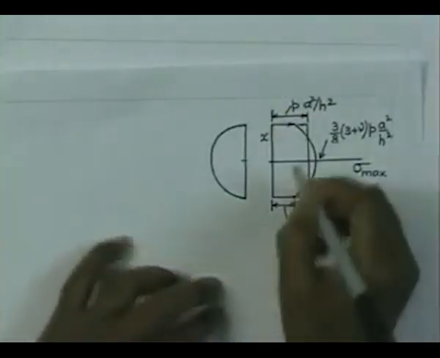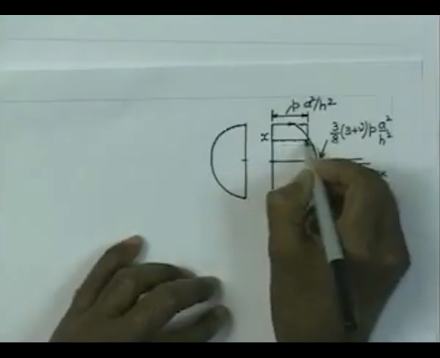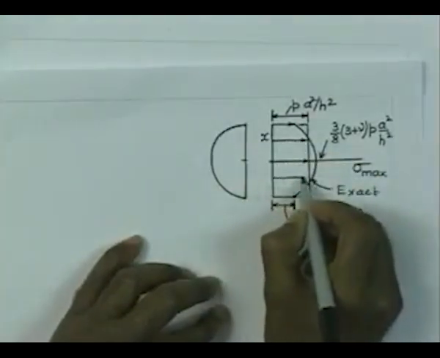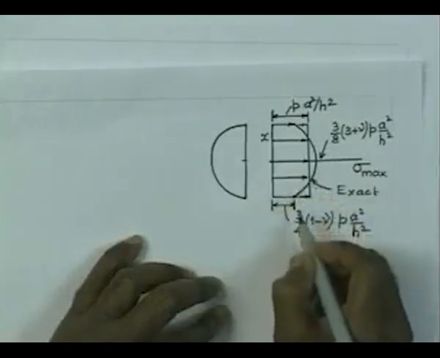So, it is really that approximate calculation can do for a rough estimate, and this is the difference.